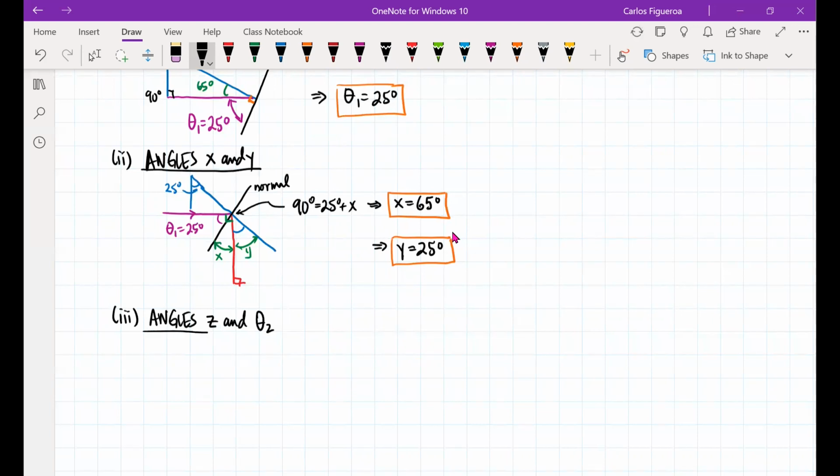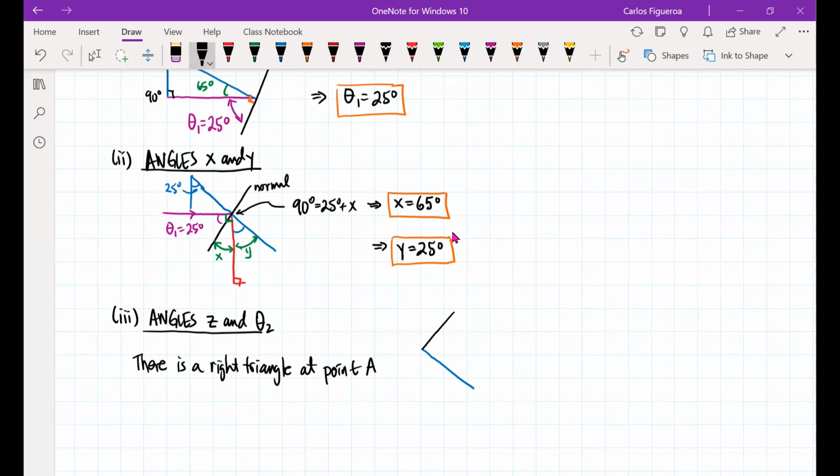So the first thing that you should be looking at here is that there is a right triangle at point A. And the way you see that right triangle is it goes like this. So here's my normal. And then here's the prism.